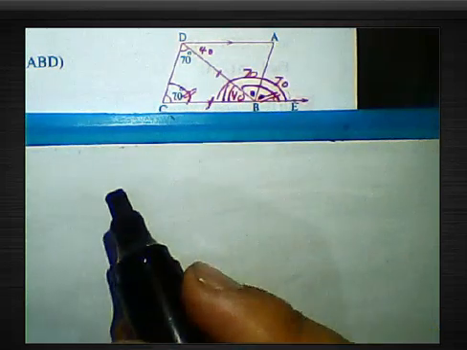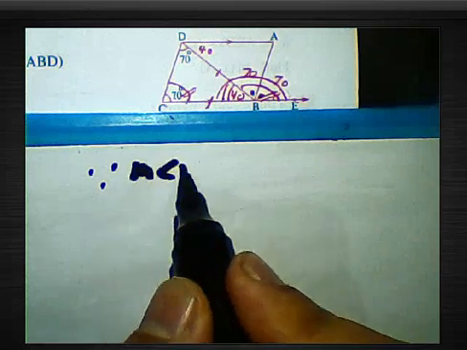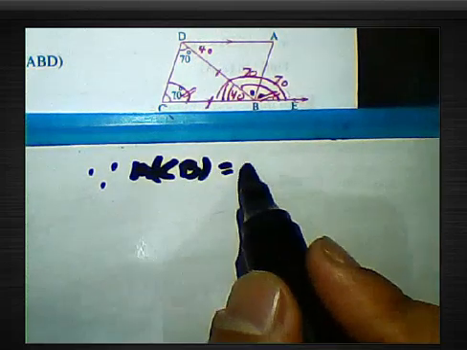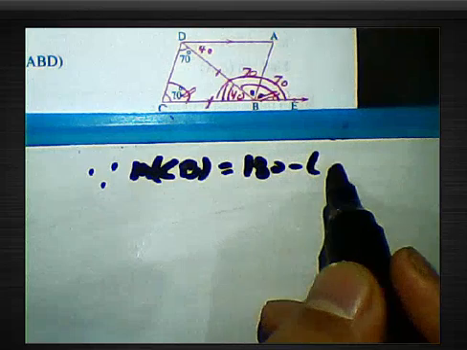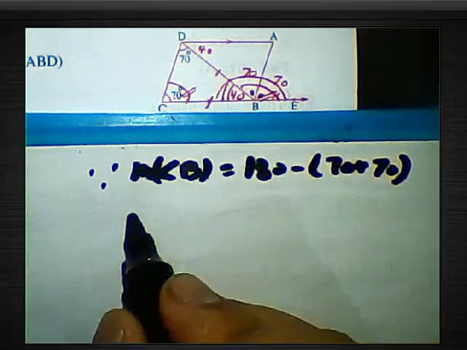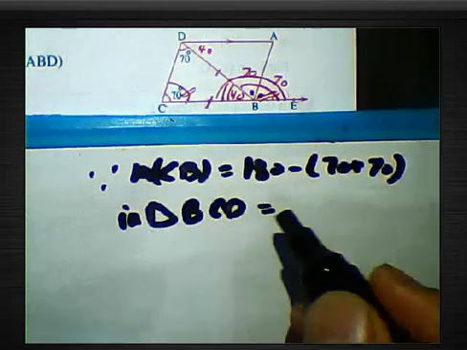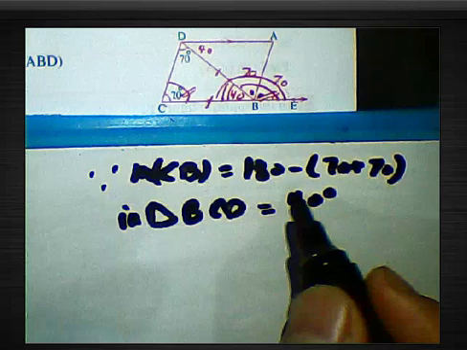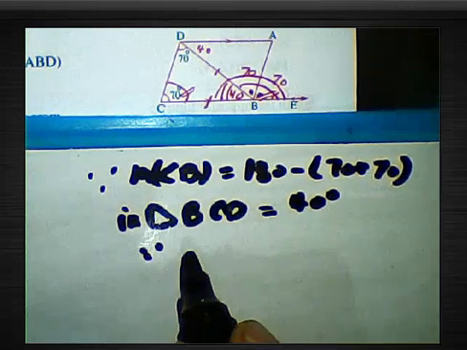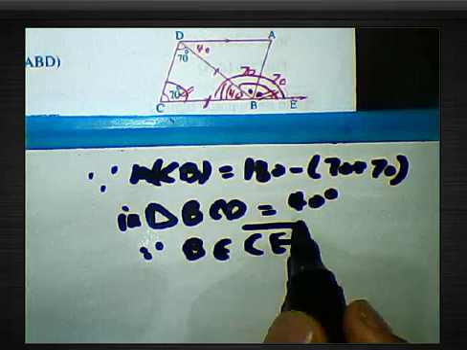Such that the measure of angle B equals 180 minus 70 plus 70 in triangle BCD, equal to 40 degrees, such that P belongs to CE.